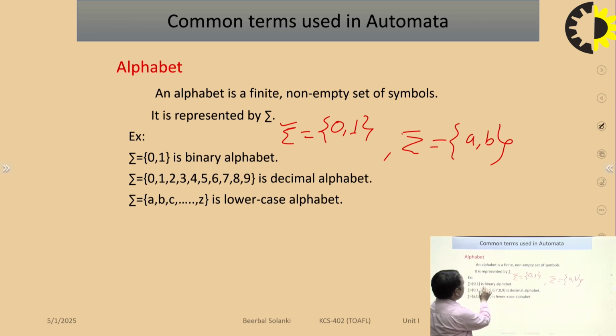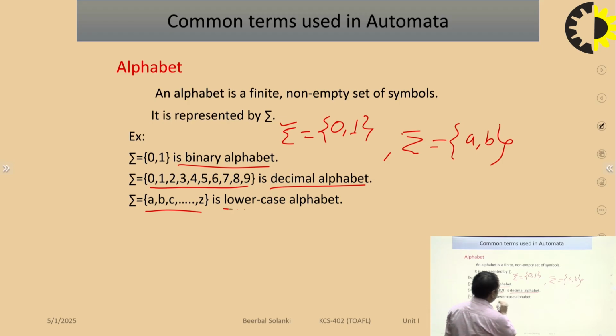Sigma equal to {0, 1} is a binary alphabet, and sigma equal to {0, 1, 2, 3, 4, ..., 9} is a decimal alphabet. Sigma equal to {a, b, c, ..., z} is a lowercase alphabet. It is generally represented by small letters or numbers like binary or decimal numbers.